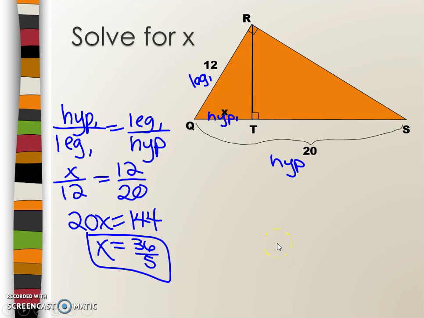Now we're going to solve for x. So we're going to write leg 1 here, hypotenuse 1 here, and hypotenuse for the whole thing. Each thing they are giving you, you're going to label it. Then look at what they gave you and pick the ratio from the slide.